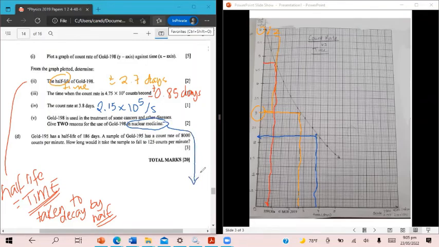So for gold-198, the reason why it is good for use in medicine is, number 1, it has a short half-life, only 2 days. Okay, so it's not going to stay in your body long and cause any permanent damage. So short half-life. The second reason is that it has a short range.